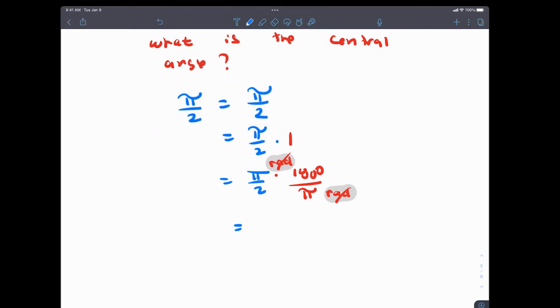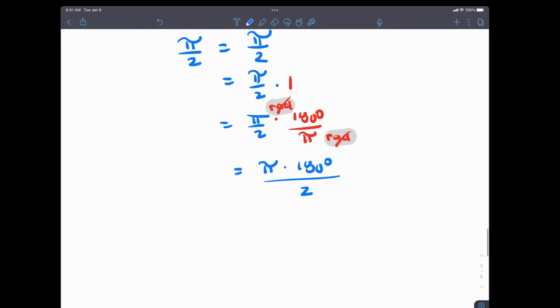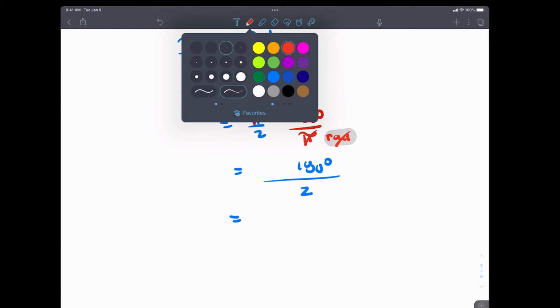And you're just now left with what? Degrees. Pi times 180 degrees over what? 2. But you're not done. Why aren't you done? Yes, you got rid of the radian measure, but what's 180 divided by 2? Oh, I'm sorry. We don't have pi. Pi is gone. What's 180 divided by 2? 90 degrees.